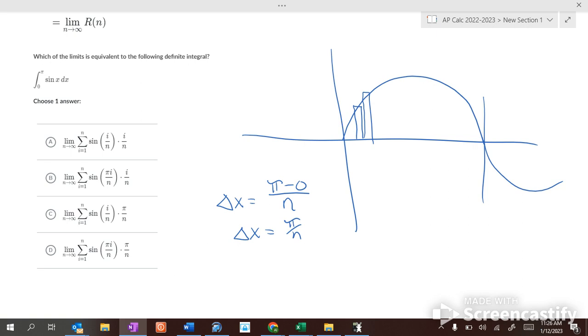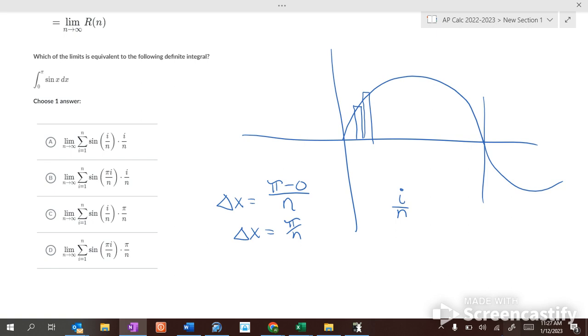What's the height of the rectangle? Well, that constantly changes, doesn't it? So the height depends on the sine function. So the first rectangle would be 1 divided by n.